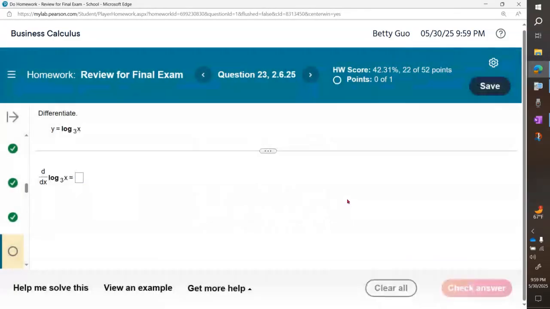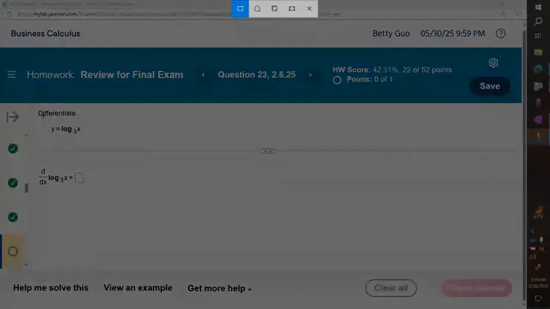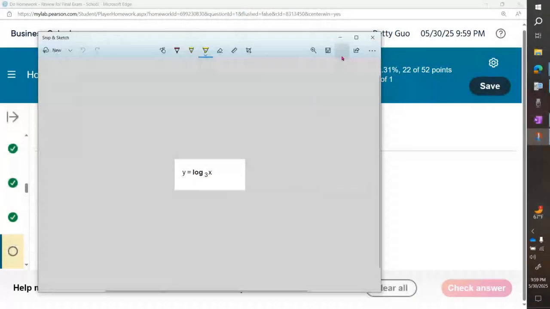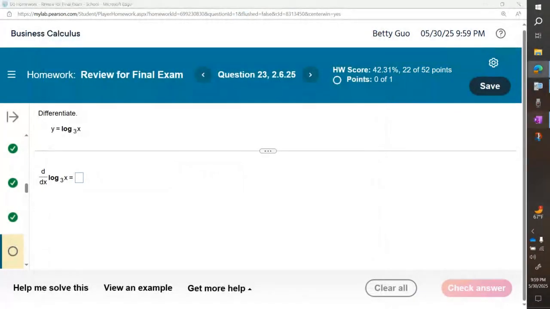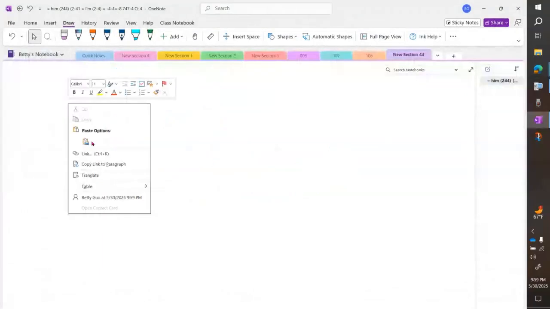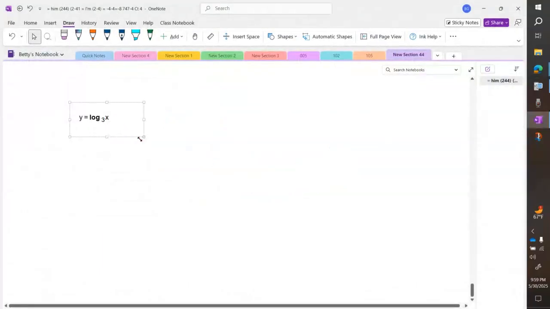Okay. Next, question number 23. Differentiate. This is a log function. Do you remember the formula for a log function with base not equal to e? If its base is e, we know the formula, right? So what is the formula?